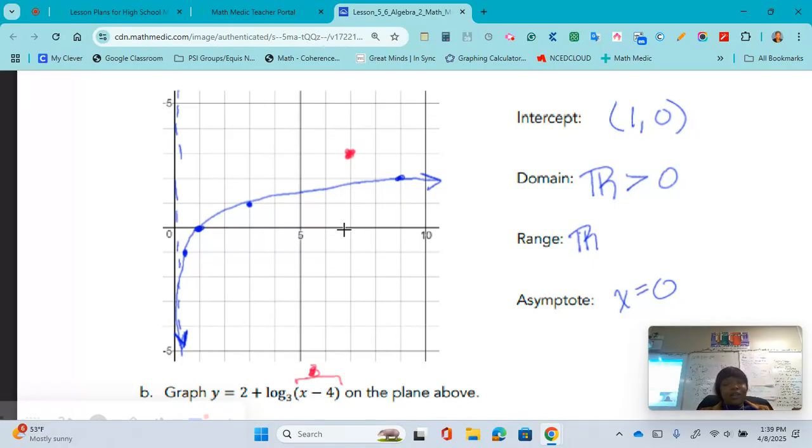Log base 3 of 1. That means 3 to what power gives me 1? 0. So that means my x has to be what for me to have this equal 1? 5. So I plug in a 5, and I have this log base 3 of 1 being 0. 0 plus 2 is 2. So when I plug in a 5, I output a 2.